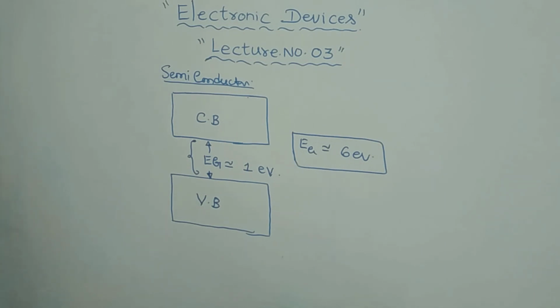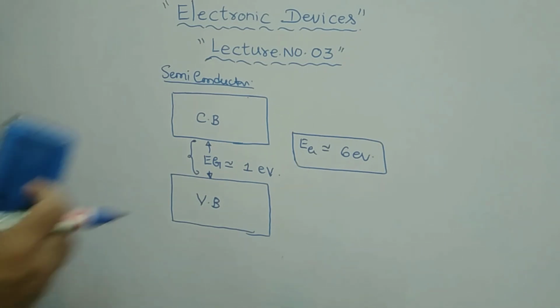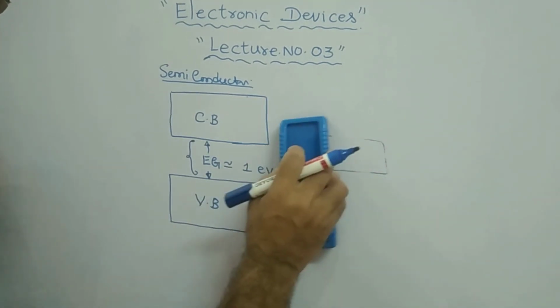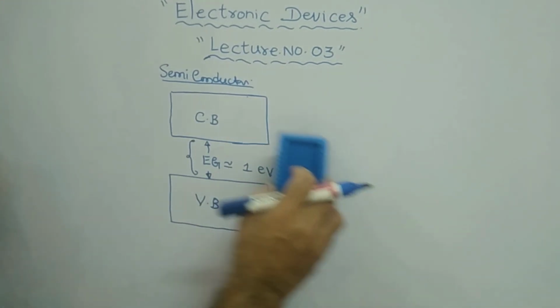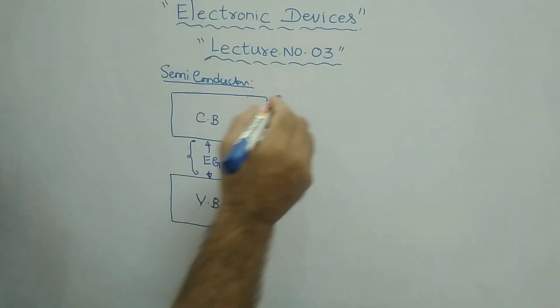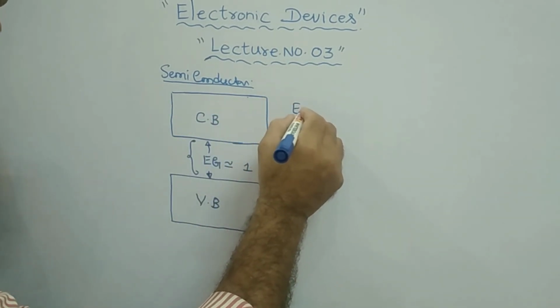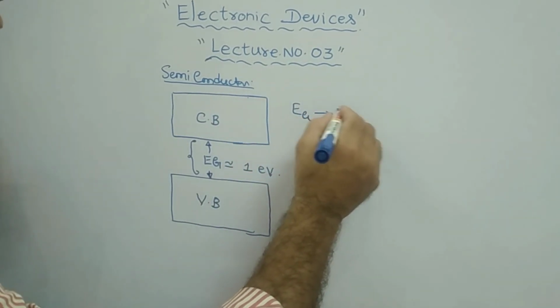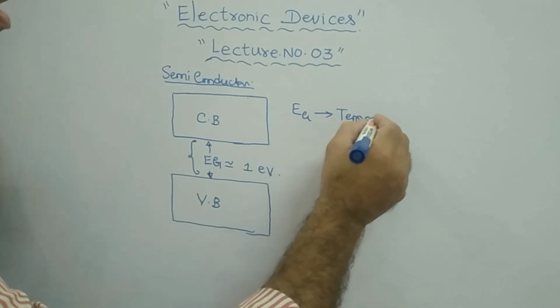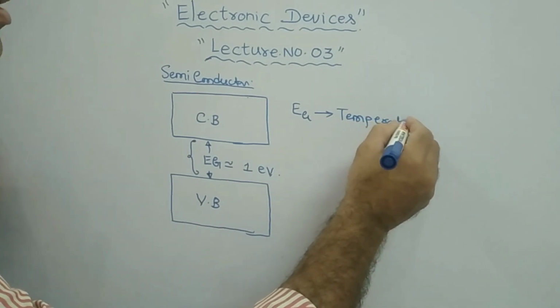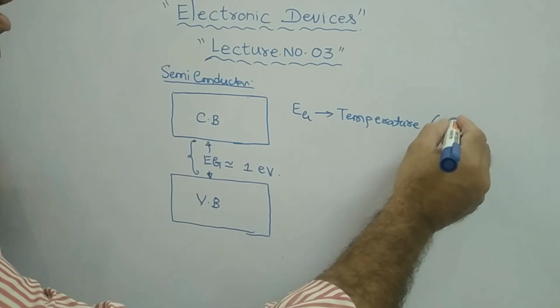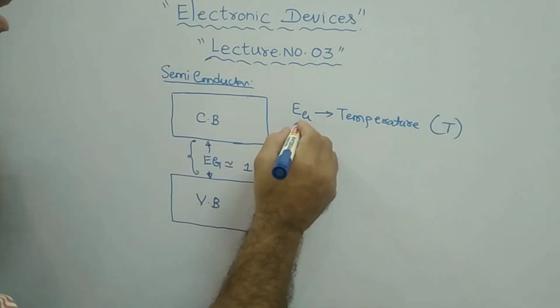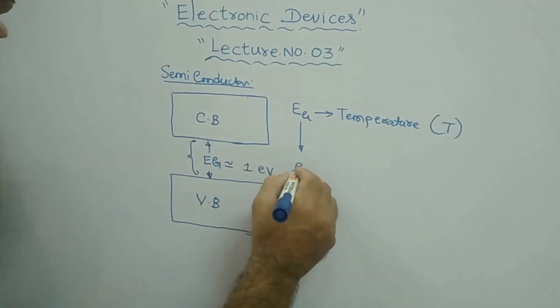And remember that one important point here, what I want to convey to you is that the energy gap is a function of temperature. The energy gap depends on the temperature, capital T, and most of the time this energy gap is measured in terms of electron volt.